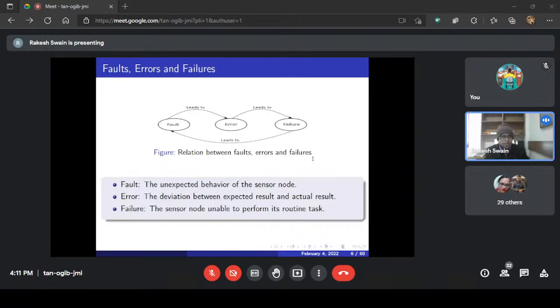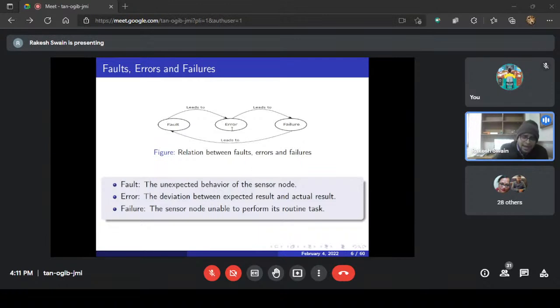That unexpected behavior we call a fault. Whenever a fault occurs in the sensor network, it leads to an error. What is an error? An error is the deviation between the actual result and the expected result. What you want is one thing, but what it gives is another. That is the deviation. So due to the fault, an erroneous result is produced in the sensor network.